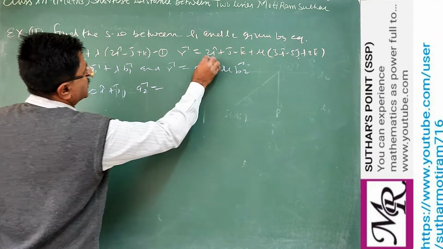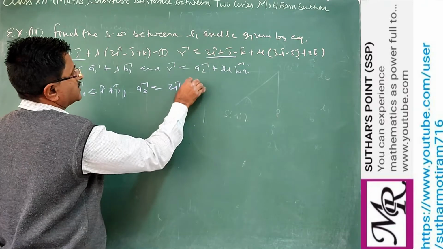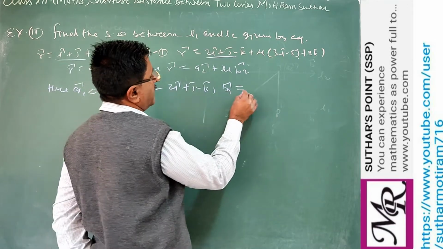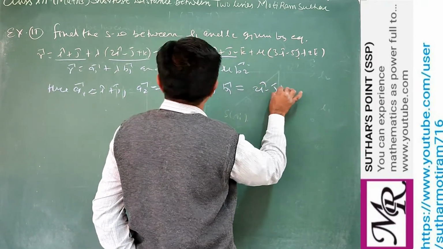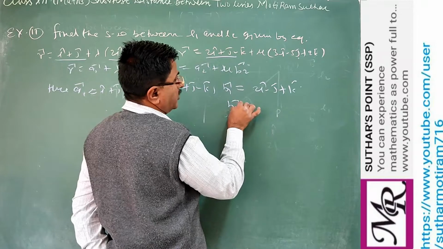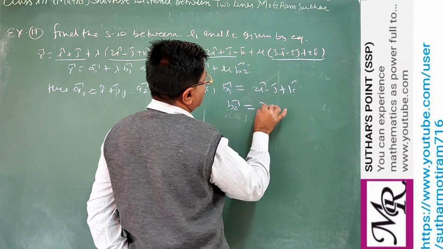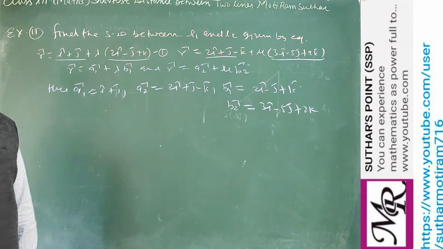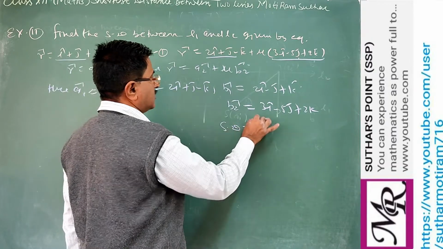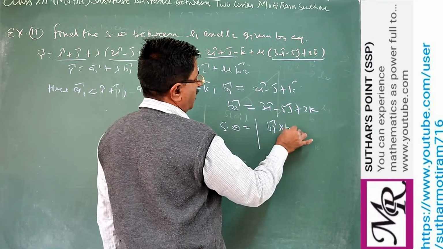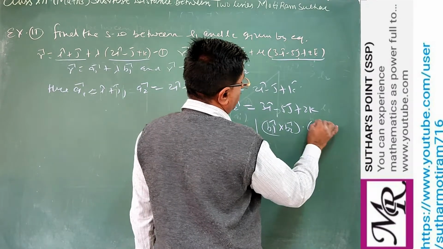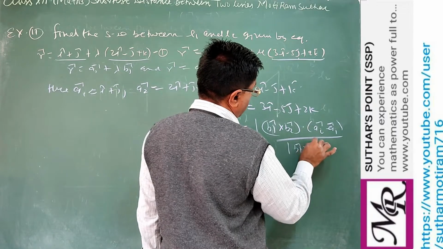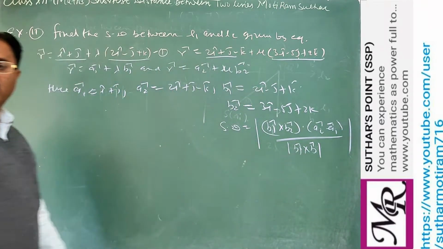Vector a2 is 2i plus j minus k, and vector b1 is the coefficient vector of lambda, 2i minus j plus k, and vector b2 is the coefficient of mu, 3i minus 5j plus 2k. Okay, now we have to use the formula: shortest distance equal to mod of vector b1 cross b2 dot a2 minus a1. So we get all four vectors, and you know how to make the calculation. So make the calculation and you get the answer.